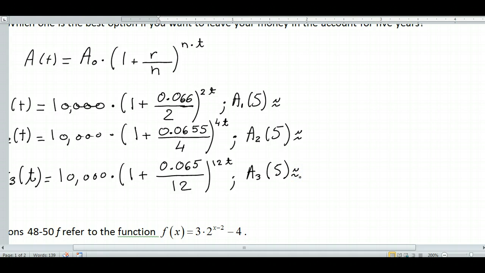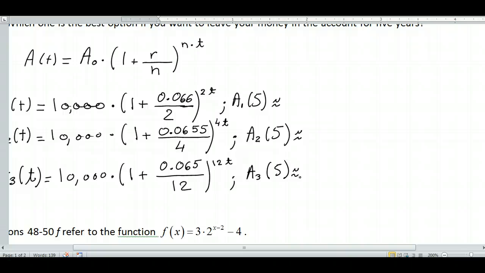So I'll take my calculator now and just plug in this function. 10,000 times parenthesis 1 plus 0.066 divided by 2, close the parenthesis, to the power of 10, 2 times 5 is 10.